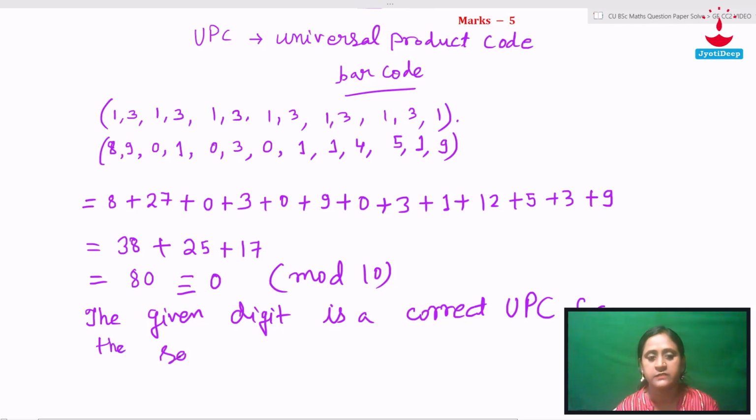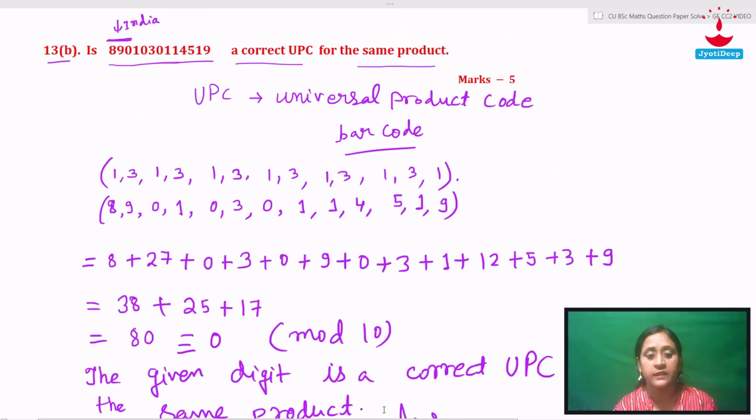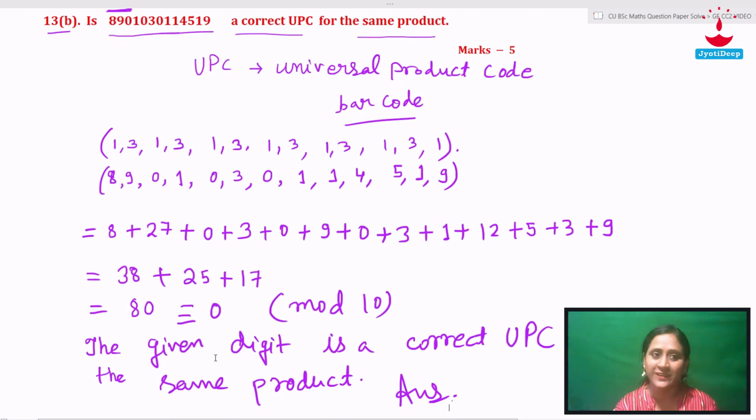Okay, this is our answer. If this is not equal to 0, then it is not a correct UPC. Okay, for more details you have to study the book and all about UPC.